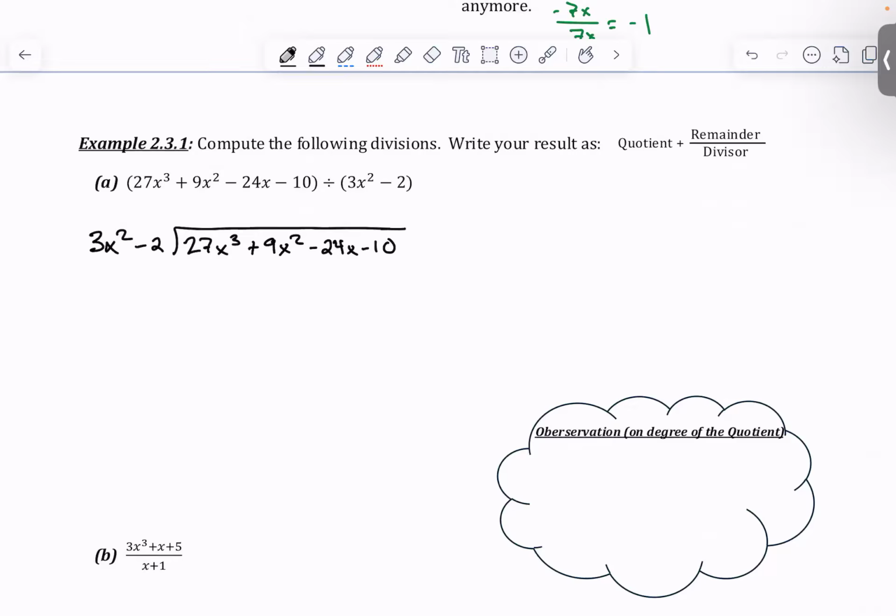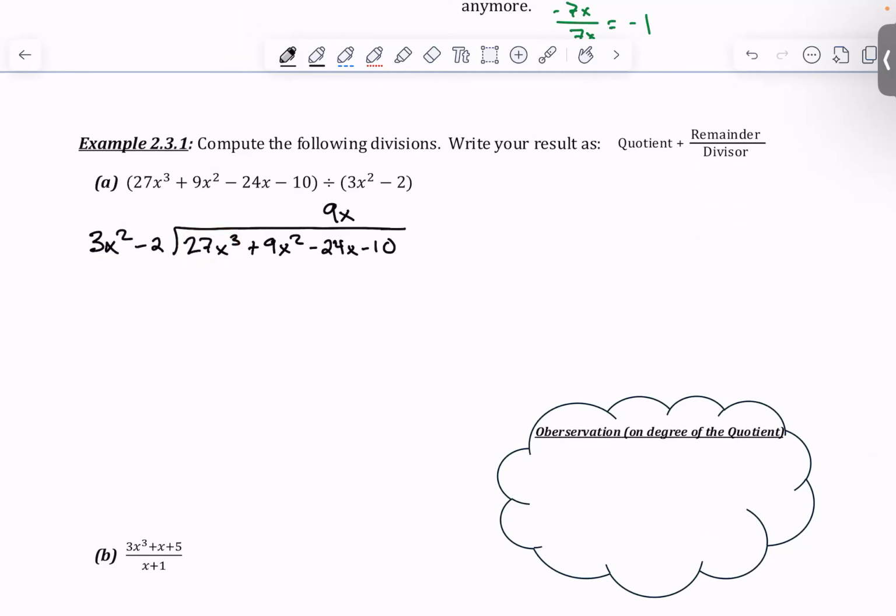And so we do this just like we did before. We ask ourselves, how many times would the leading term of our divisor, 3x squared, go into 27x cubed? The more you do this, the better you get at saying that the answer is going to be 9x. But if you don't see that right away, that's okay.